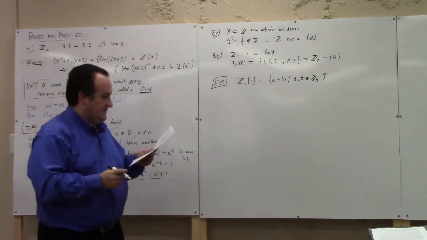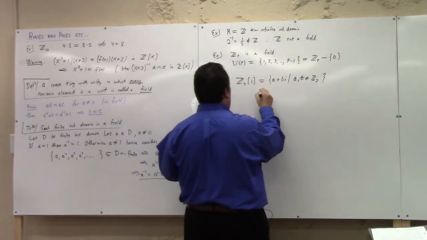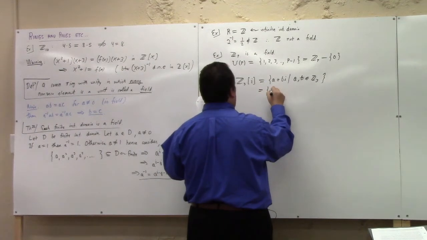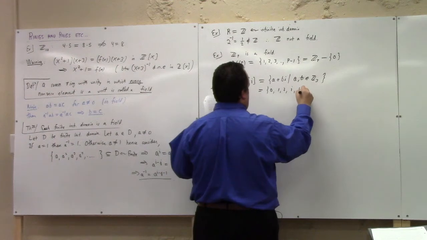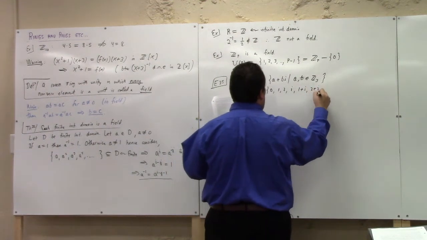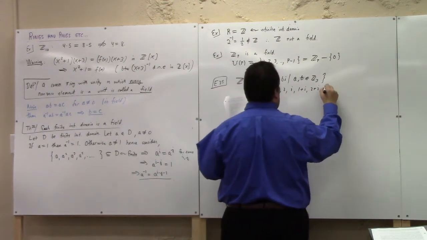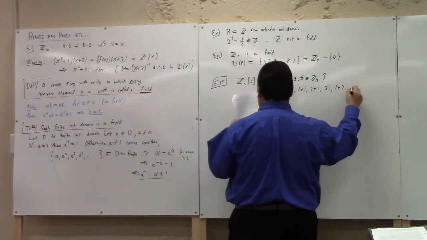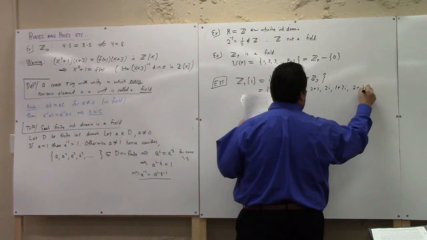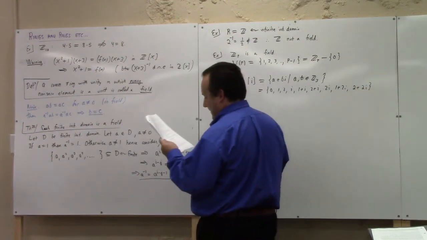Just to list it out explicitly, you have your 0, your 1, your 2, your I, 1 plus I, 2 plus I, 2I, 1 plus 2I, 2 plus 2I.